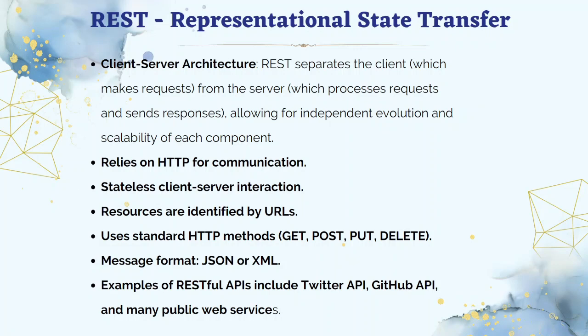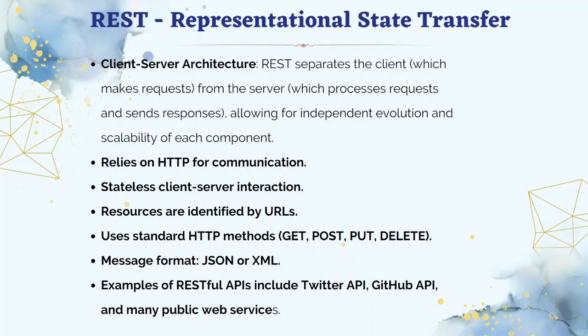And REST is cacheable. Responses from the server can be marked as cacheable or non-cacheable. Caching improves performance by allowing clients to reuse previously fetched responses. And there is also a layered system used by REST. Clients are unaware of the complexity of the server structure, so there can be intermediaries like proxies and gateways between clients and servers.